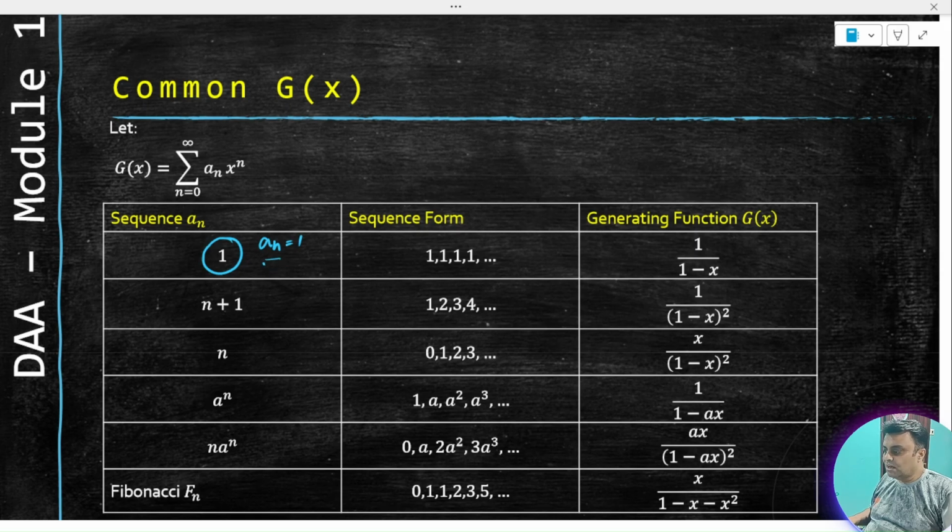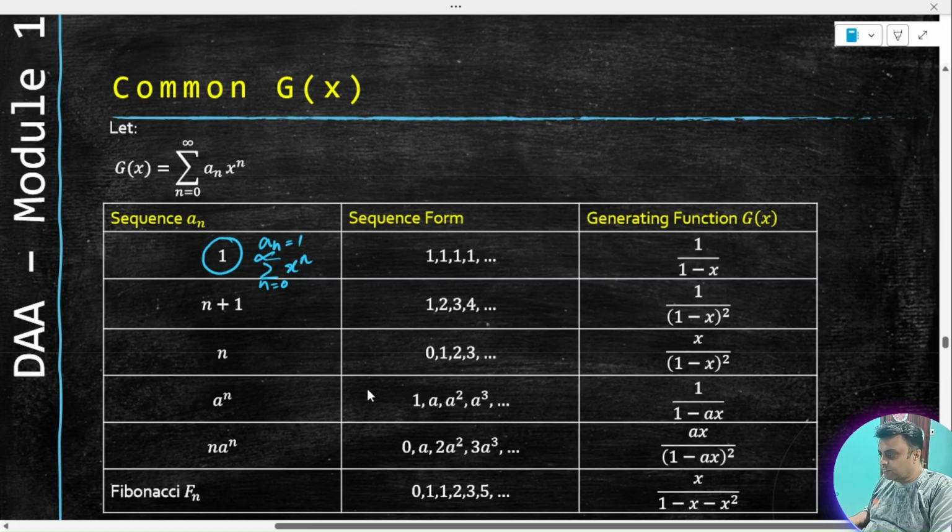Right? So then my sigma will look like this, x to the power of n, n equal to 0 to infinity, with an equal to 1. Therefore, the Gx will actually look like sigma of n equal to 0 to infinity of x to the power of n. Right? That's what it will look like.